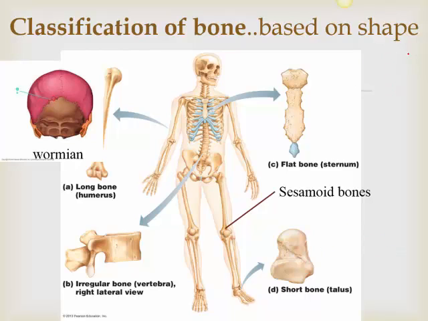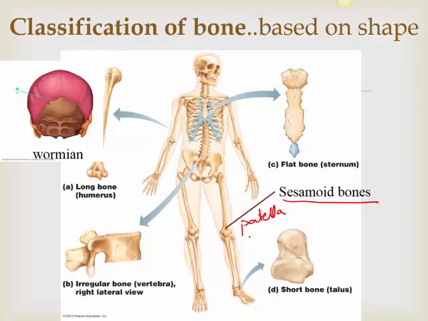Then we have bones in our body, and you all have heard of this bone, the kneecap, which is actually called the patella. This kneecap, and we have other examples, are bones which are called sesamoid bones, and they grow in tendons of muscles.